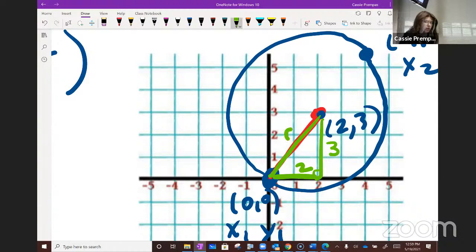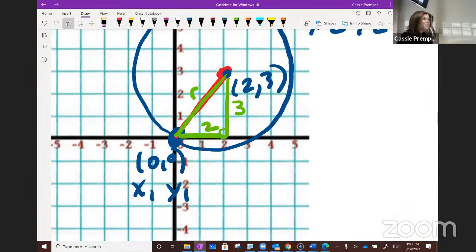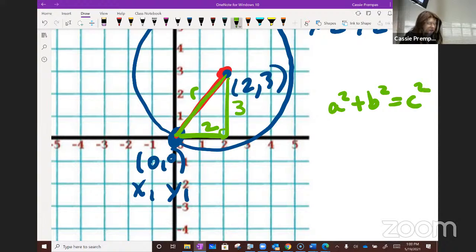Any ideas of what we could do to solve for r? If the sides are the same, then the hypotenuse is always the leg times root 2. Is that the cosine thing? Oh no, it's the Pythagorean theorem. Yes, nice, Lily. It's the Pythagorean theorem: a squared plus b squared equals c squared.